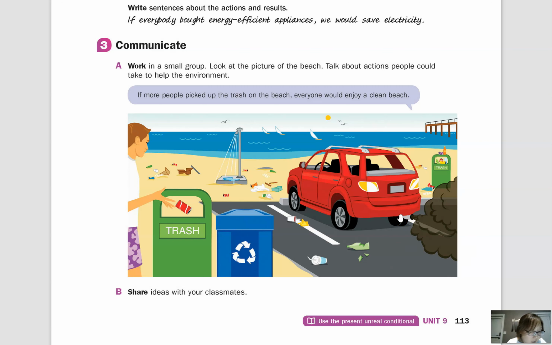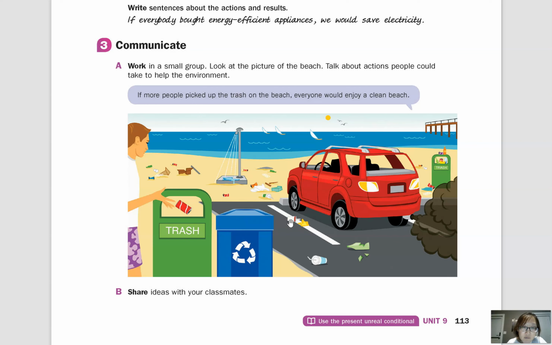Okay, we could also say, if everybody brought their own cups. So you can see these disposable one-time use cups. So if everybody brought their own reusable cups, there would be less trash.